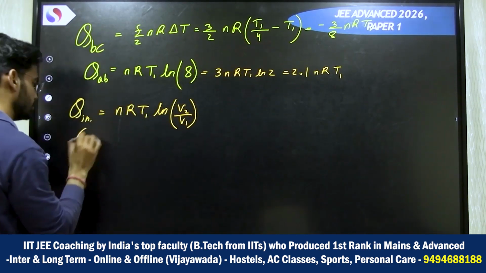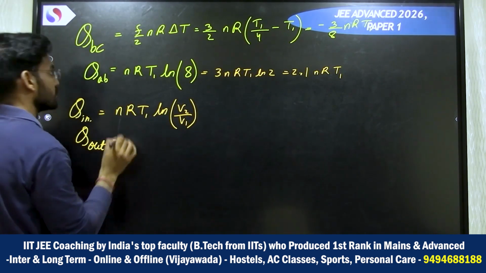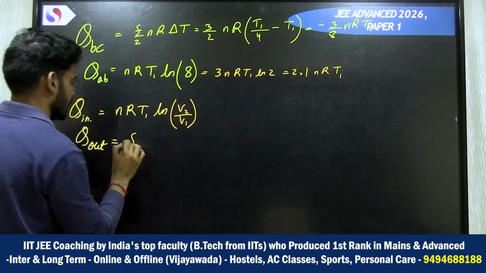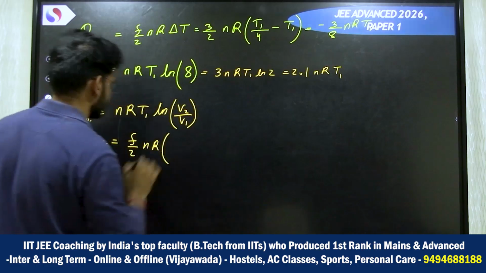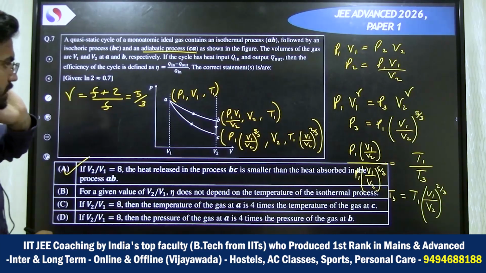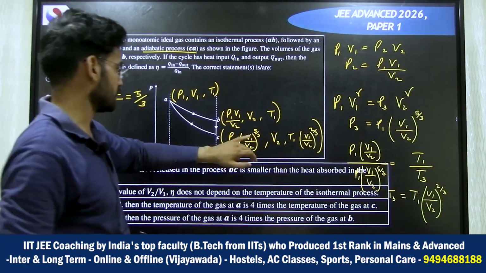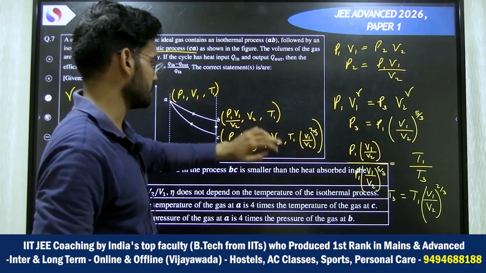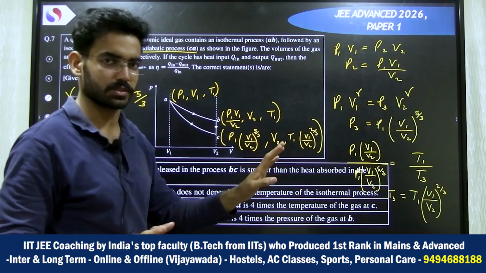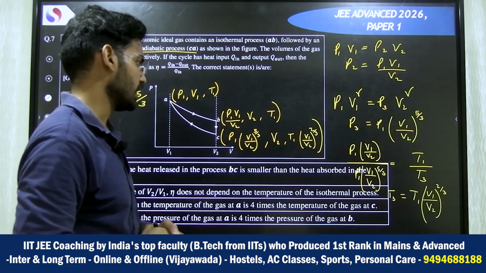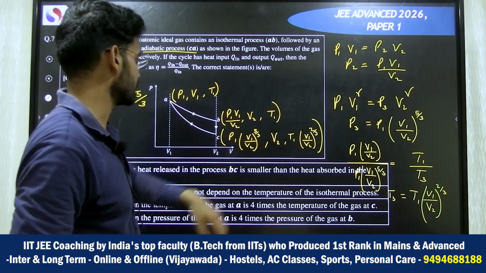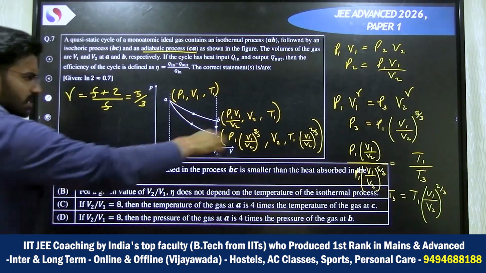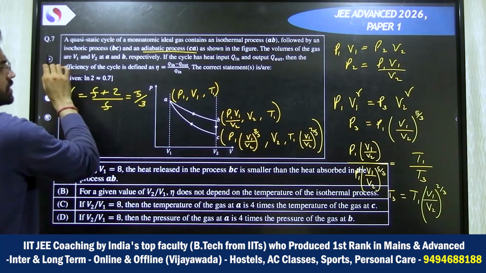And Q out is f by 2 nR delta T. Delta T is the change in temperature, final minus initial or initial minus final, depending on whether you want a positive or negative value. I want a positive answer.